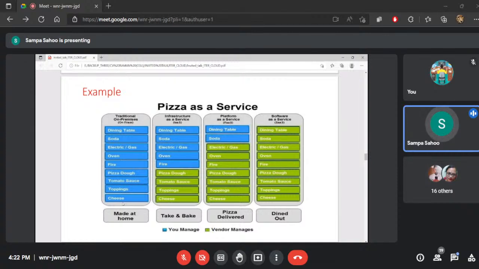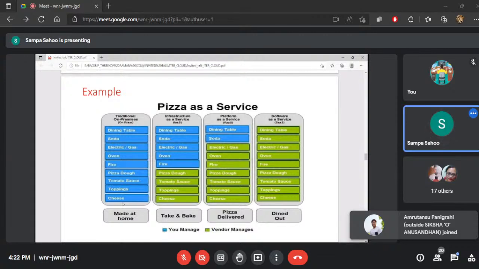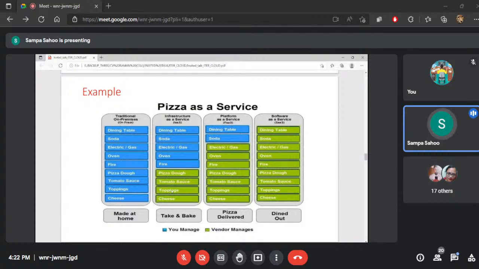But if you consider these three types of services, how are they different? In case of infrastructure as a service, the service provider will provide you the pizza dough, sauce, and toppings.